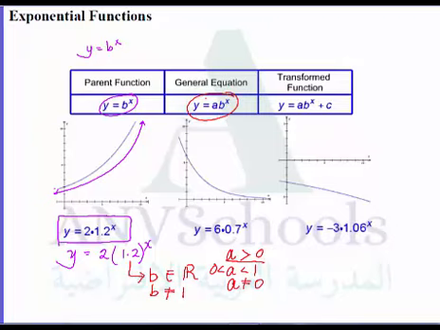So actually no need to state this. And of course a could also be less than 0.